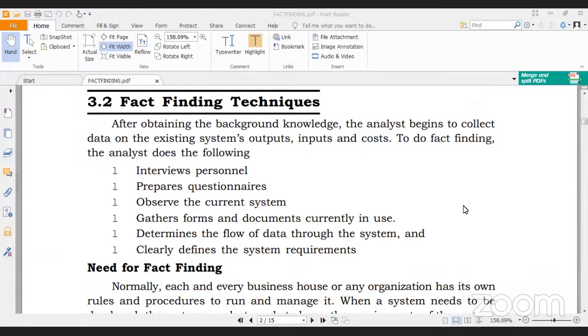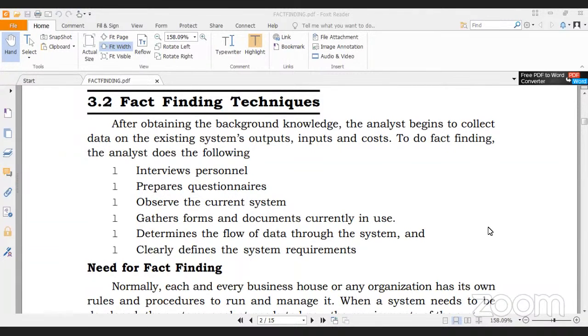The different ways, as I told, can be interviews, that is asking the questions, then preparation of questionnaires, asking the questions and noting the answers given by the customers or clients, then observing the current systems, then gathering the forms and documents currently in use, determining the flow of data through the system, and clearly defining the system requirements.